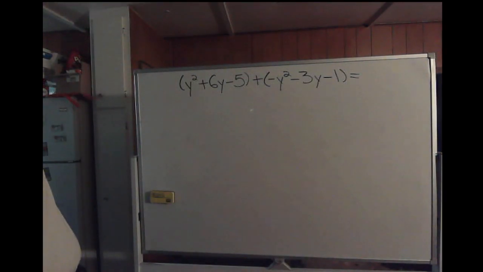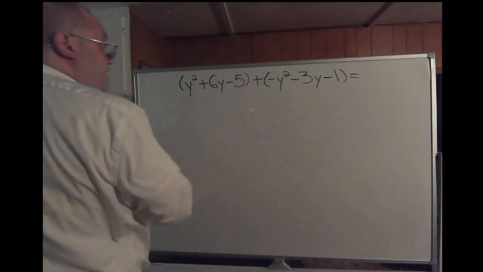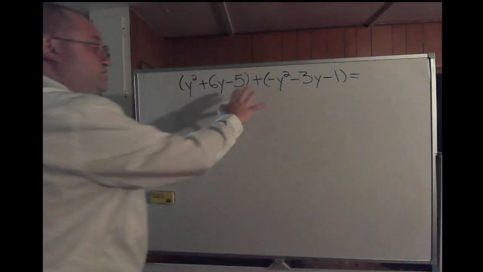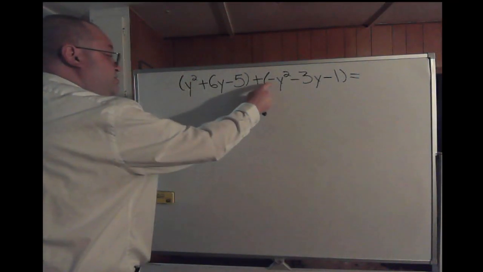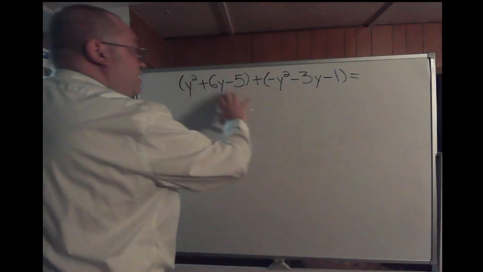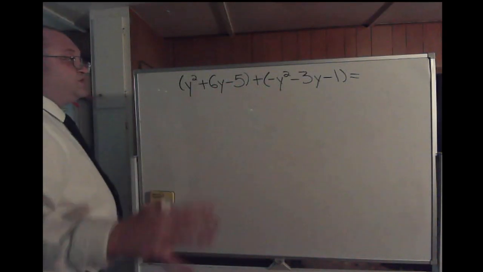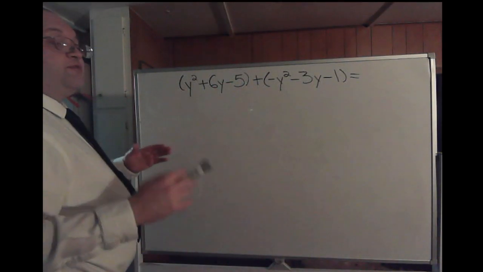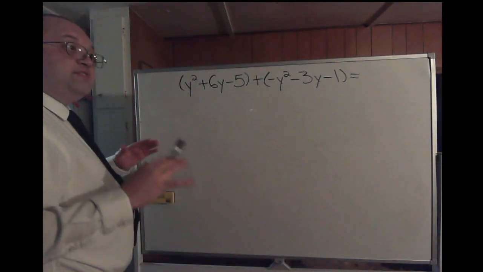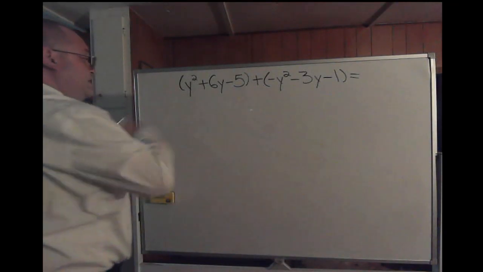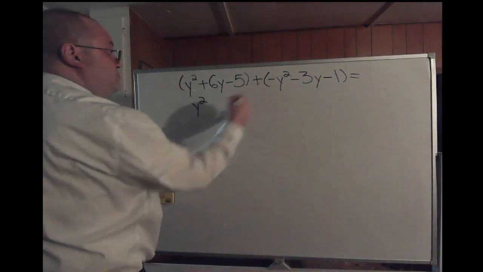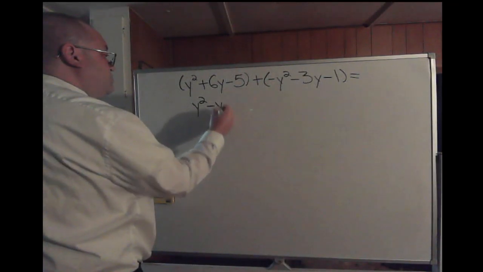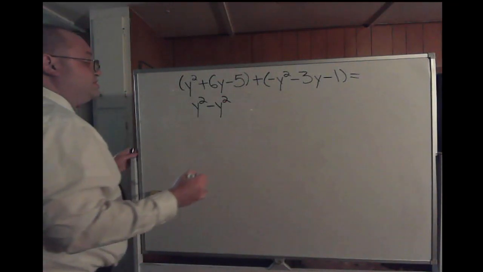So once again, you have the y variable, that's true, but you got y to the second power terms and you got y to the first power terms. So again, in order for them to be like terms, they have to have the same power. So the y squared, and then you have plus minus y squared, which would be minus y squared. Those would be like terms.